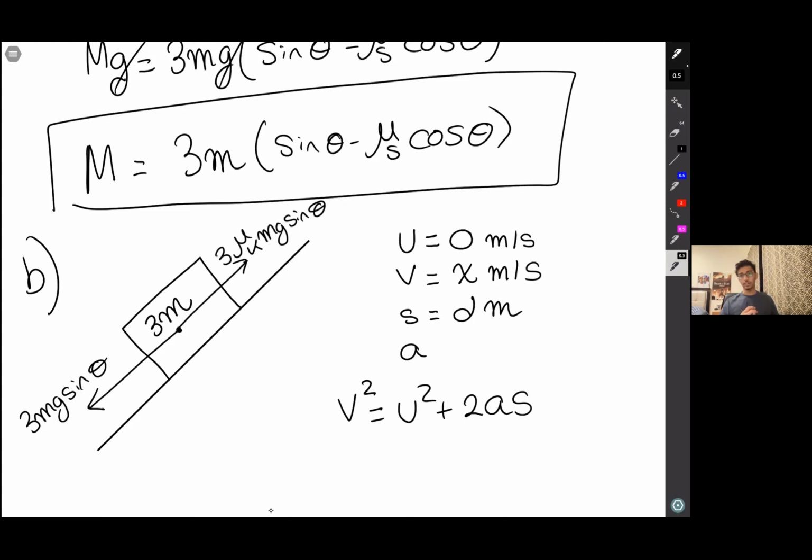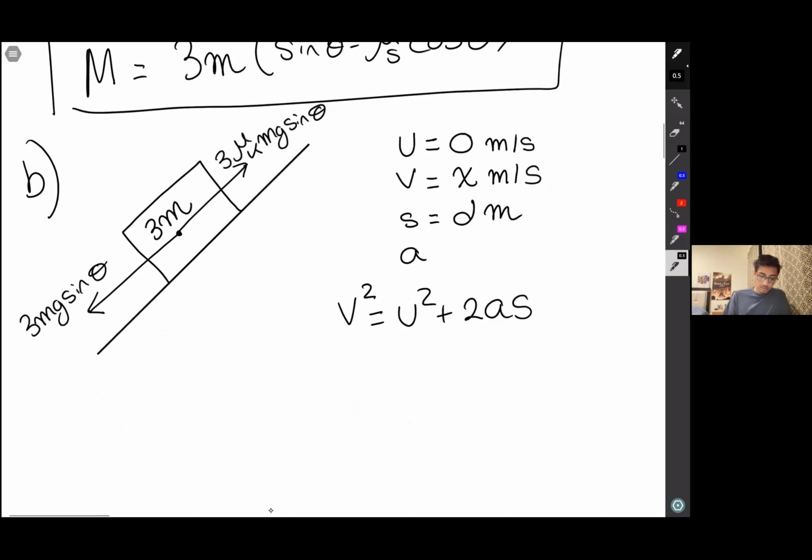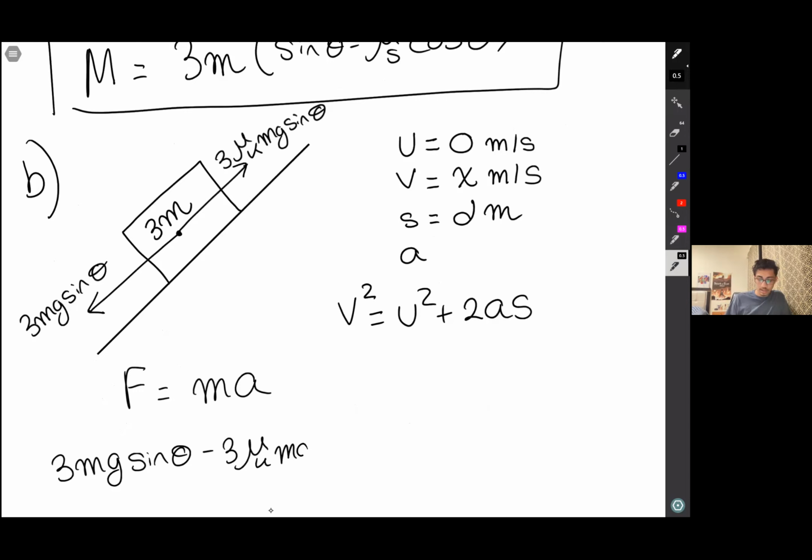They're just moving together. So from this, we can calculate acceleration. F is equal to mass times acceleration. The total mass is 3m. So we'll get 3 mg sine theta minus 3 mu k mg. Sorry, I wrote sine theta, I meant to write cos theta. Mg cos theta is equal to 3ma.